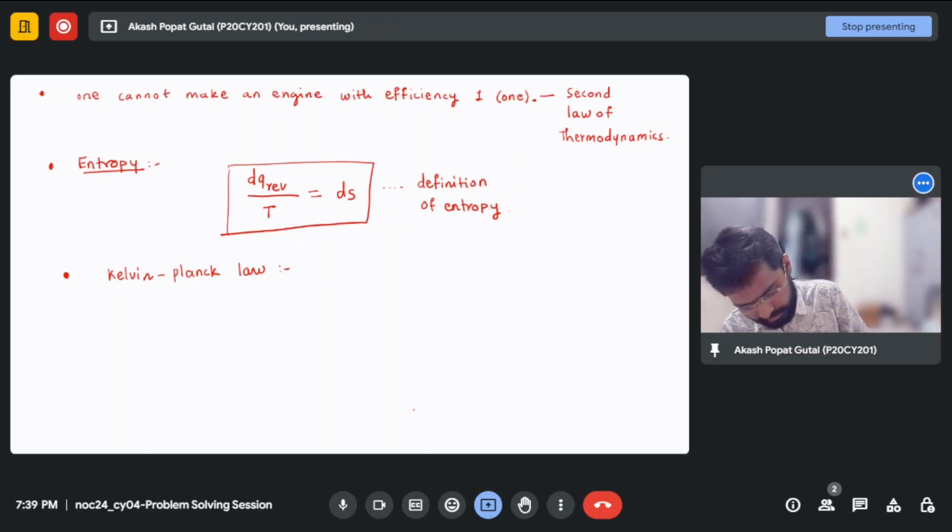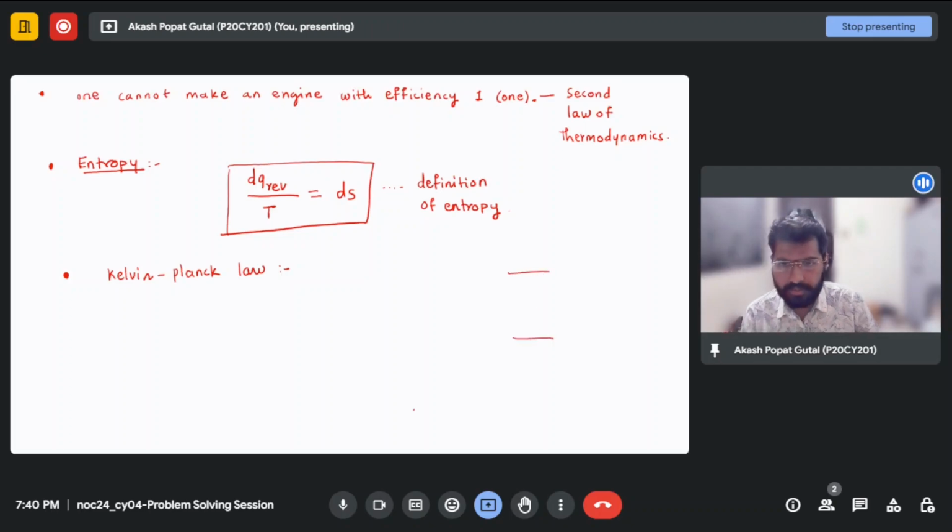For that we must have two sources: one is a hot temperature source and one is a cold temperature source. So we can't construct any engine having only one heat source.